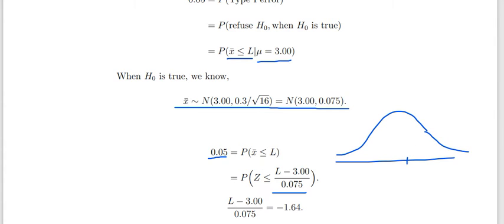Here we want to find this cut point such that the area is 0.05.